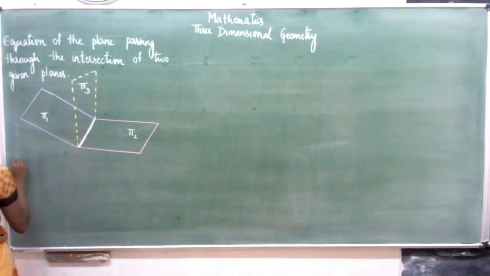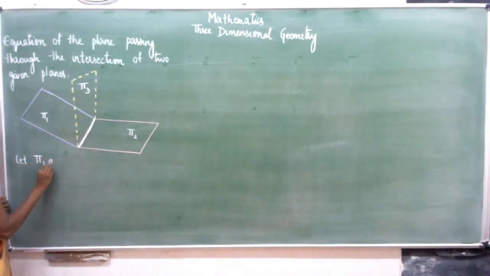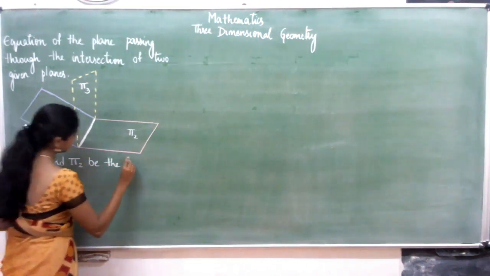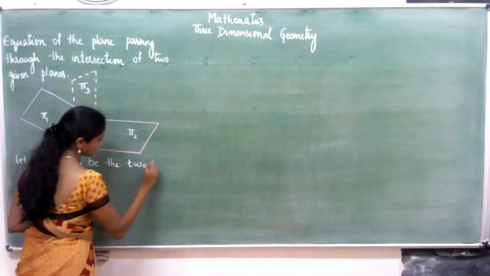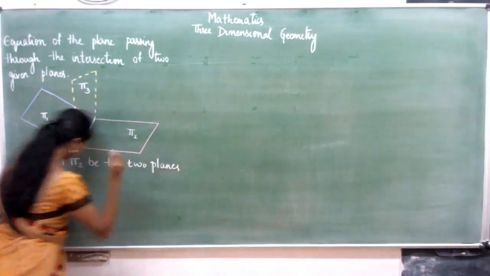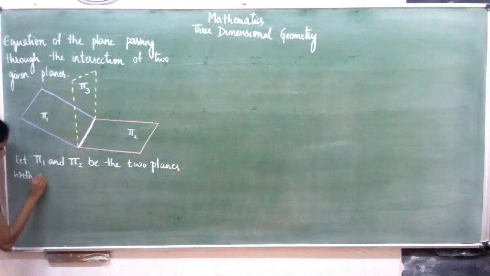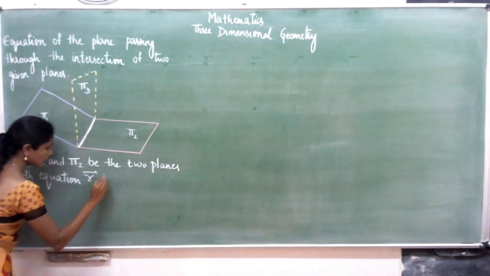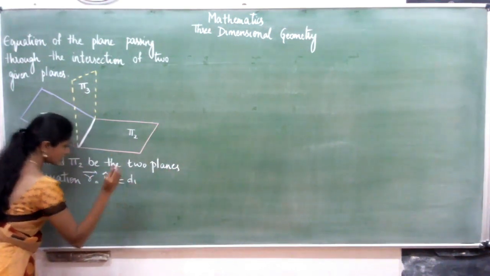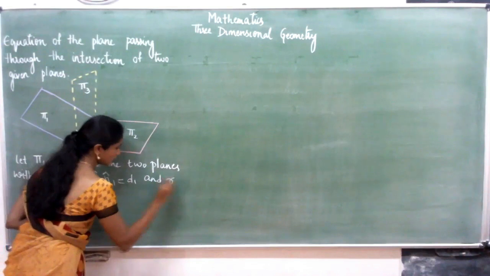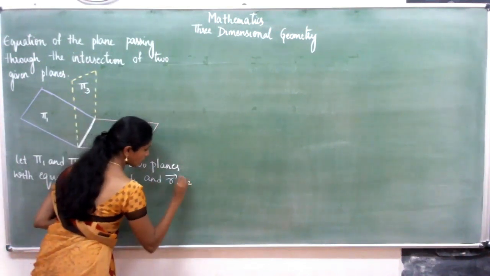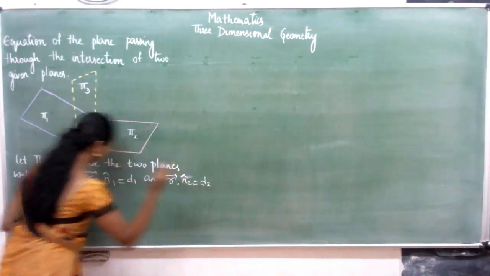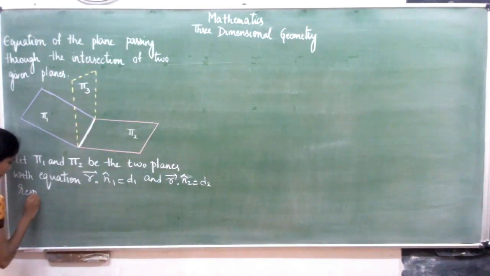So here let pi 1 and pi 2 be the two planes with equation vector r dot n1 cap is equal to d1 and vector r dot n2 cap is equal to d2 respectively.